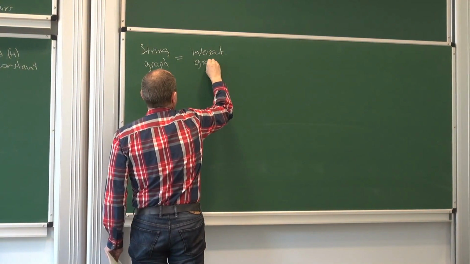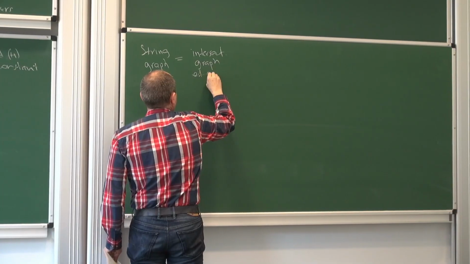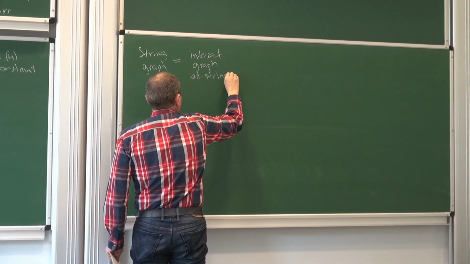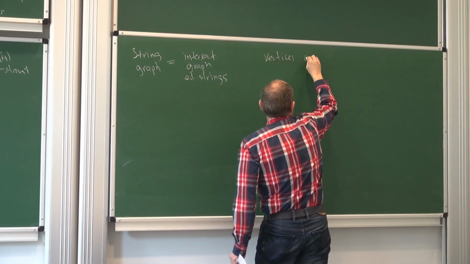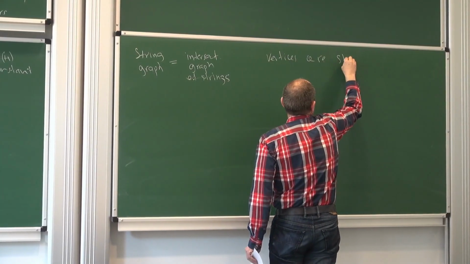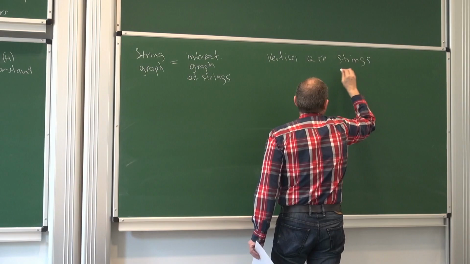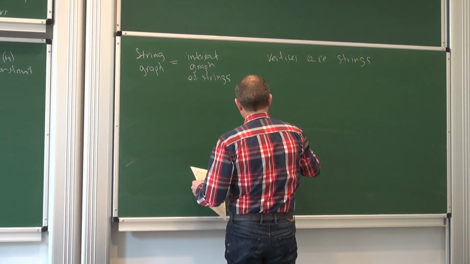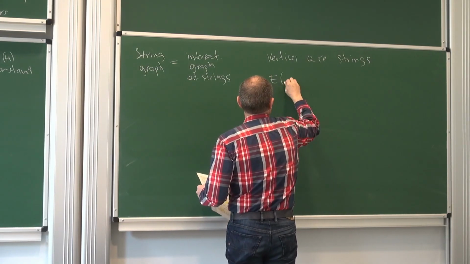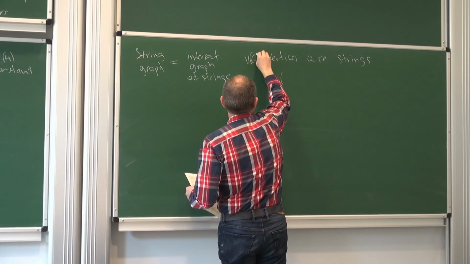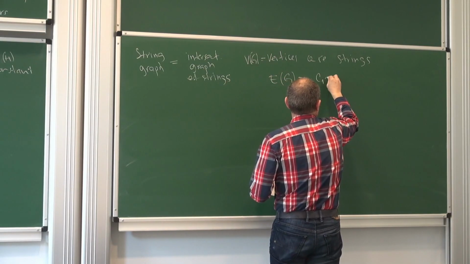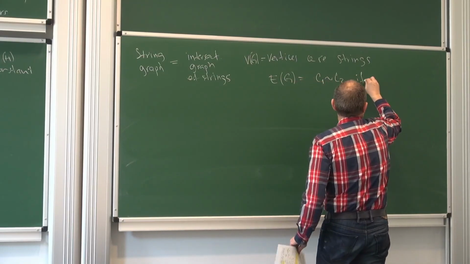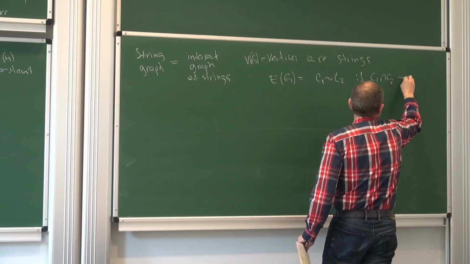So we can say this is a graph of strings, which means vertices are strings, and edges of G, so string C1 is connected to C2 if C1 intersection C2 is not empty.